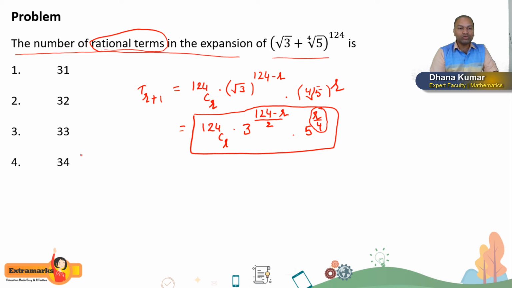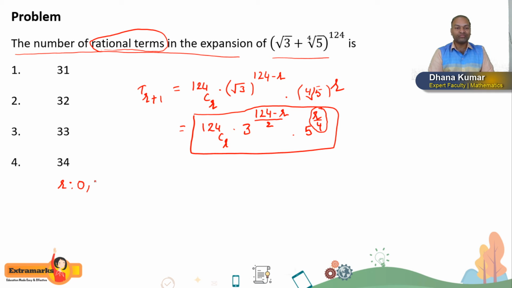So r must be an integer, and the r value is always greater than or equal to 0 only. So I am writing the possible r values here, starting with 0. If r is equal to 0, then 0 by 4 is 0. 5 power 0 means 1. It is rational. Correct?